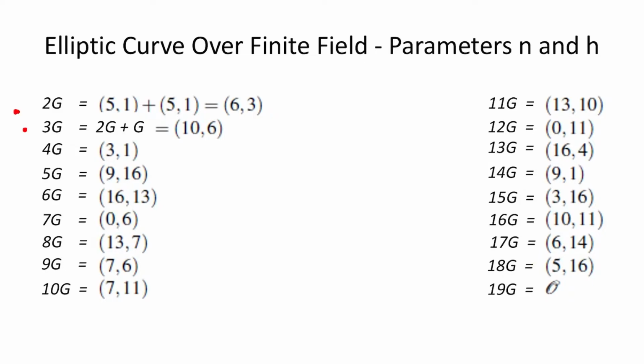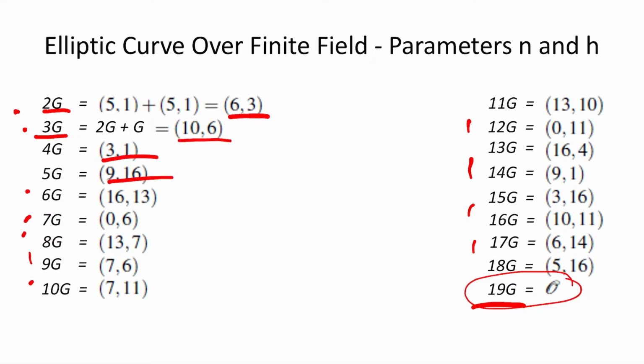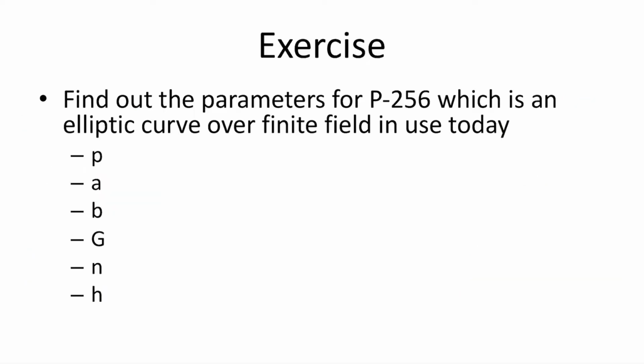This figure shows the resulting points when performing 2G, 3G, all the way up to 19G. Notice that for 19G, we are getting the infinity point. I will be discussing what 2G, 3G, 4G, etc. computation means in a bit, and how we got these resultant points.